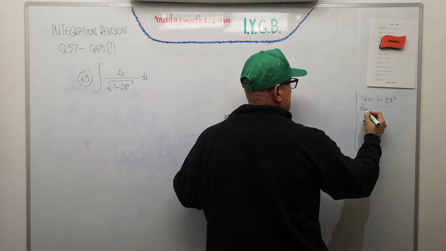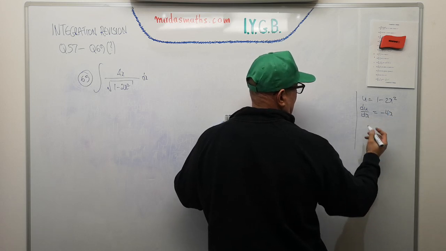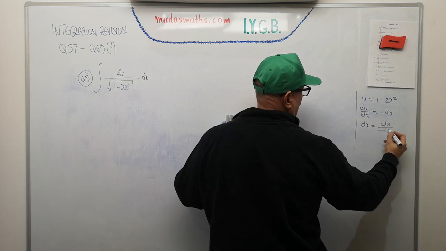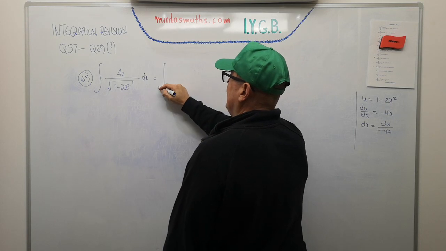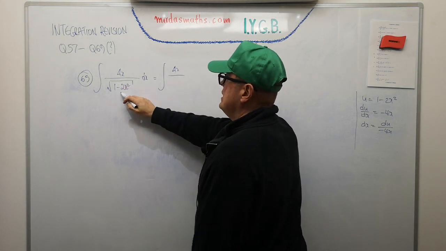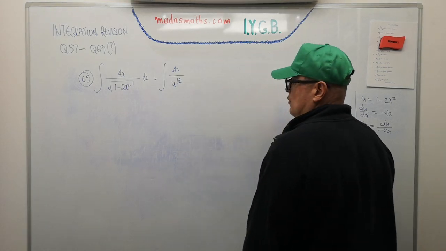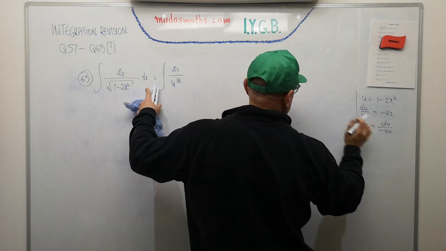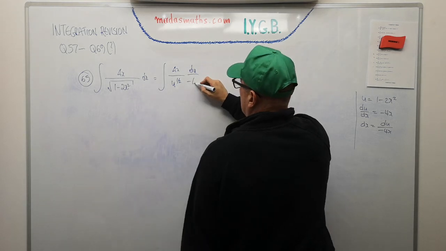Immediately you differentiate it. du by dx is minus 4x, and then we make dx the subject. dx is du over minus 4x, and we're putting things in. I leave the 4x on the numerator. I called this bit u, so when I write it, it's u to the half, that's for the square root. And my dx is du over negative 4x.